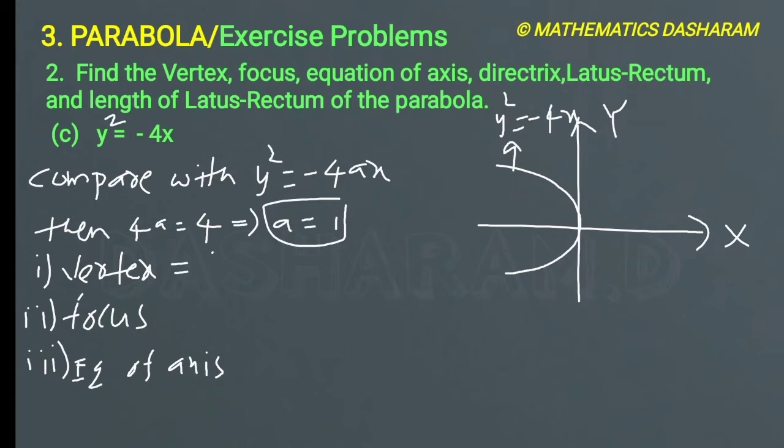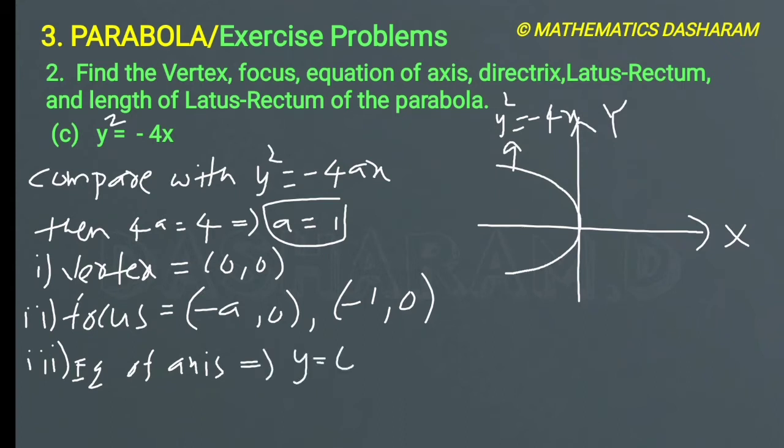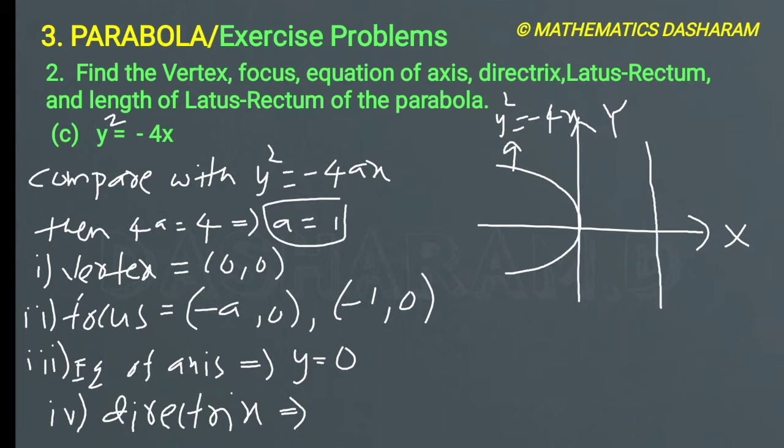So the vertex is origin, that is 0 comma 0, and focus is the fixed point, that is minus a comma 0. So then minus 1 comma 0. Equation of axis is same, y equals 0. Next, the fourth one is equation of directrix, that is a fixed line. The fixed line will be on the positive direction of x-axis.